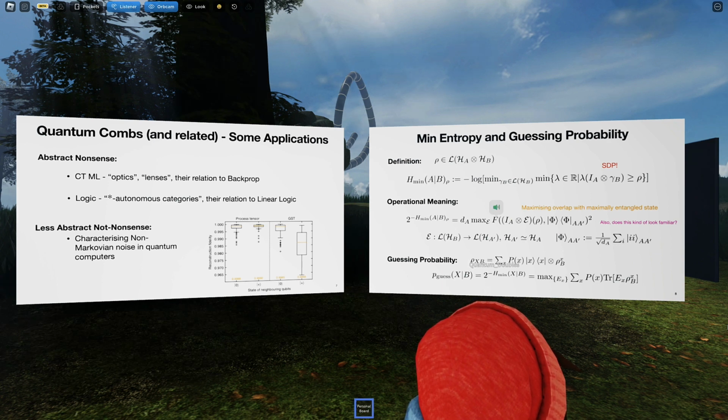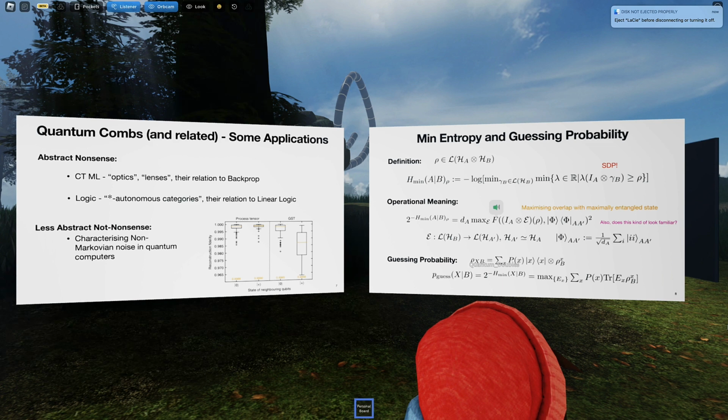I believe she's giving a talk a little bit later, and as far as I understand it, she works a bit in cryptography. As far as I understand it, her supervisor has worked with another person at ETH called Renato Renner, and he is one of the key authors if we're talking about min entropy. So you can look for that via his name if you'd like. But essentially, it's defined as you can see on the slide.